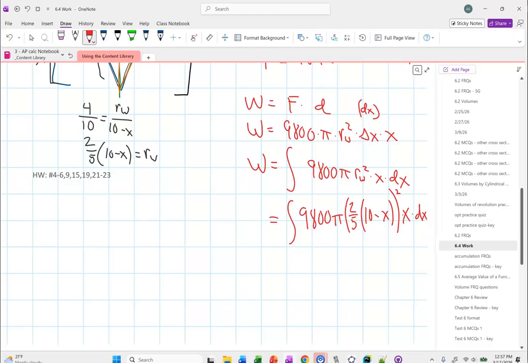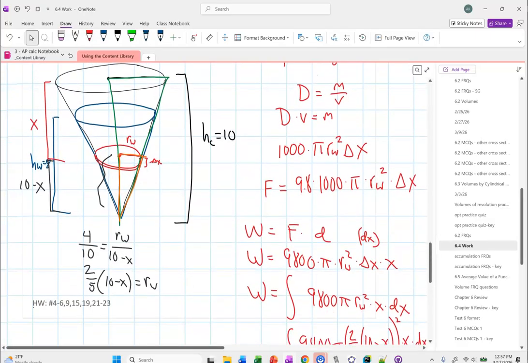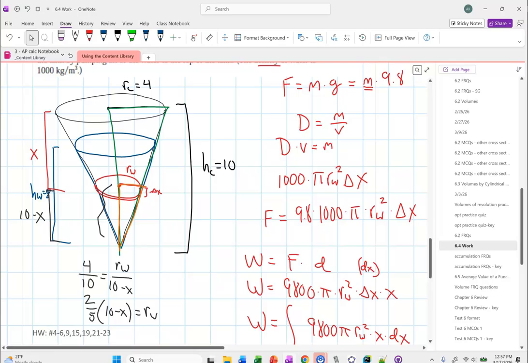Everybody happy with where I've gotten to here? We've eliminated the variable that was the problem. Now ready to set some bounds of integration, then it's simplification time. So remember, this x is representing the distance that we need to pump this water out of this cone, right?